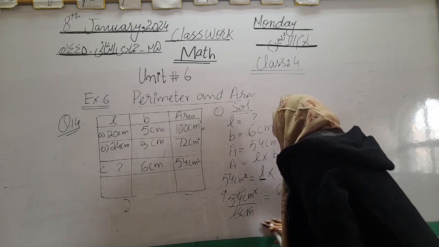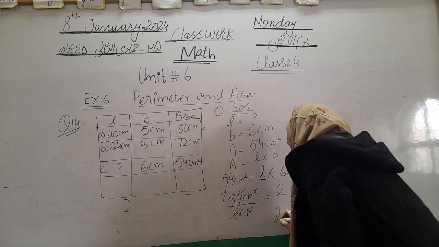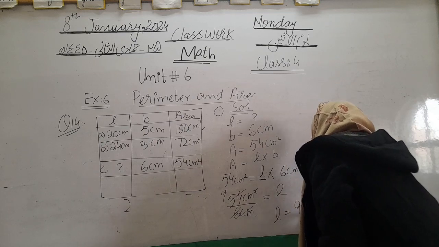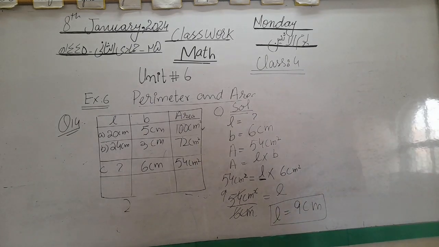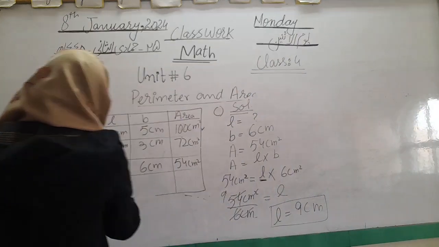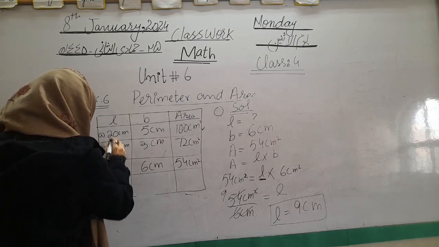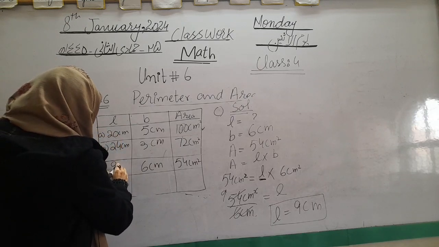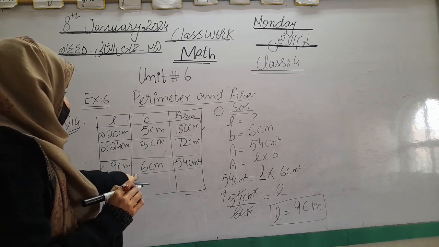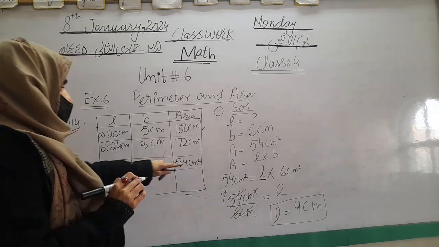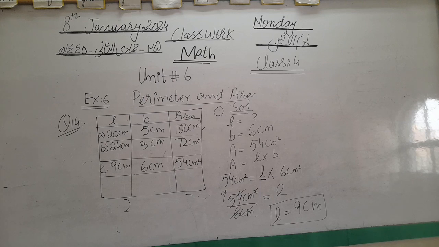So the value of length is 9 centimeter. When the length is 9 centimeter and the breadth is 6 centimeter, you can check that 9 into 6 is 54 centimeter squared. So this is the right answer.